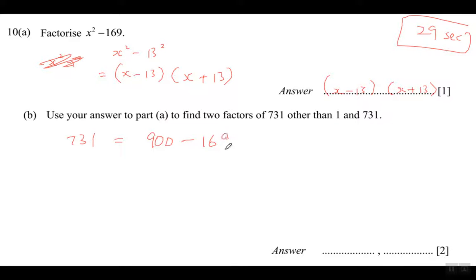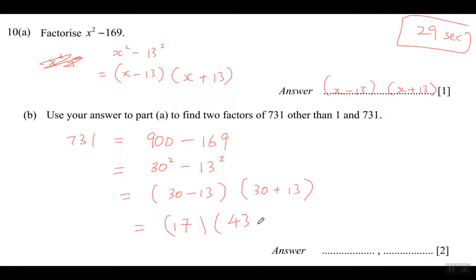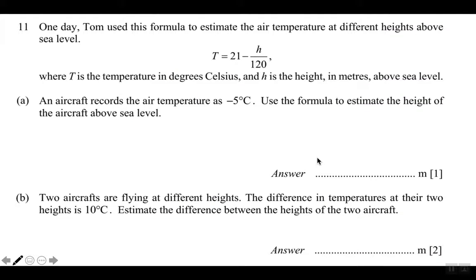So 900 minus 169 is actually 30 squared minus 13 squared. So 30 minus 13 and 30 plus 13. So we have 17 and 43. Okay, good.